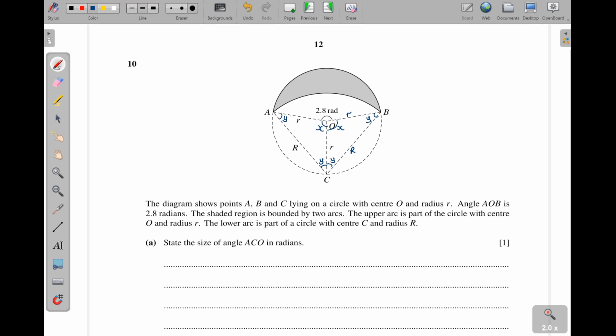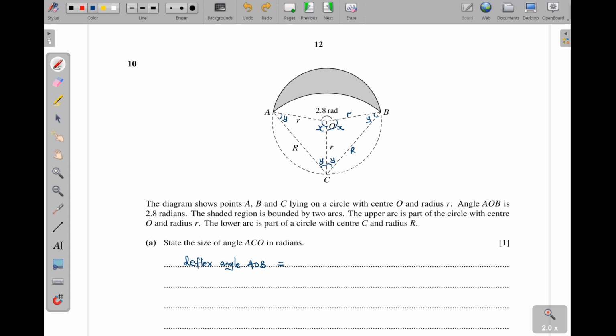Now, from here, the reflex angle AOB is equal to angles at a point, you know that they sum up to 360 or 2 pi, right?